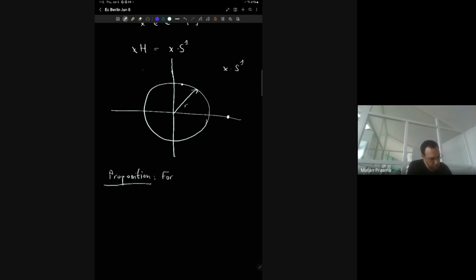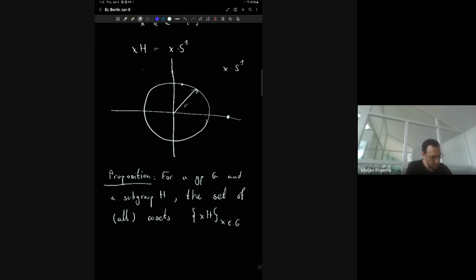For a group G and a subgroup H, the set of all cosets, I write it like this: xH such that x is in G. Or maybe a notation you are more used to is like this.